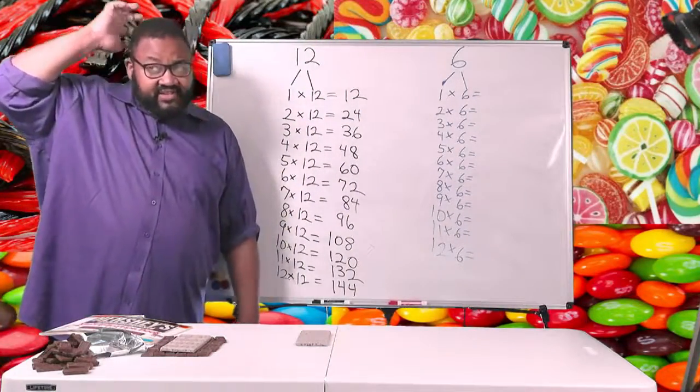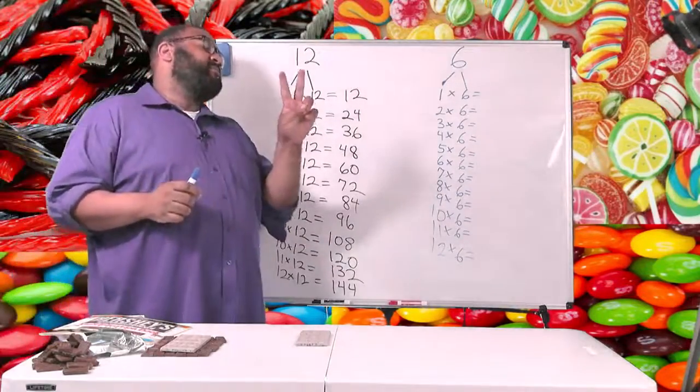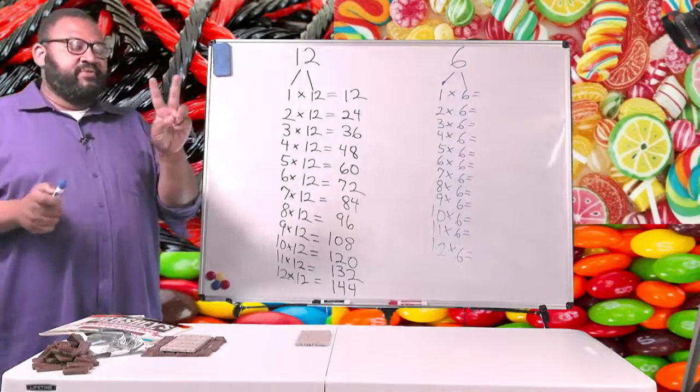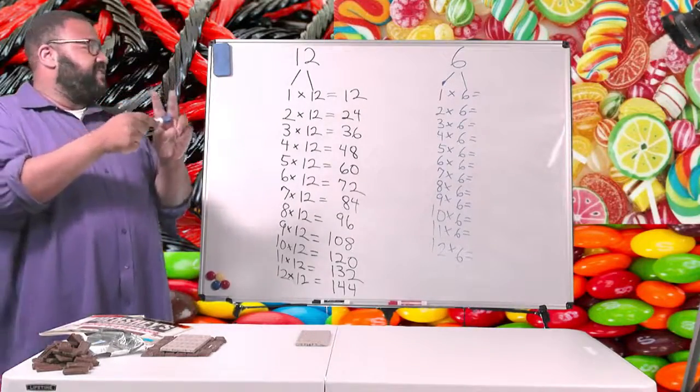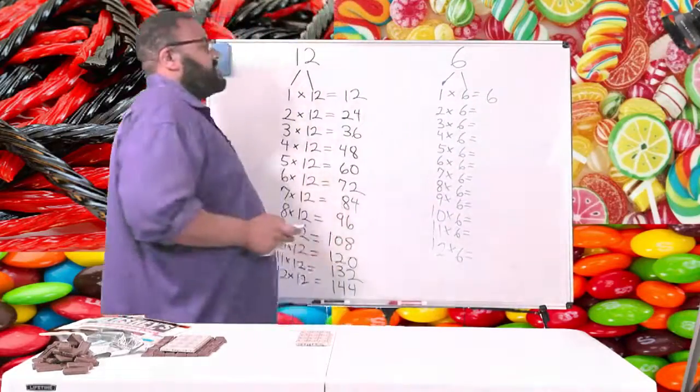Sixes are a little bit easier for me. I put up 2 fingers. 1, 2, 3, 4, 5, 6. 1 times 6 is 6.